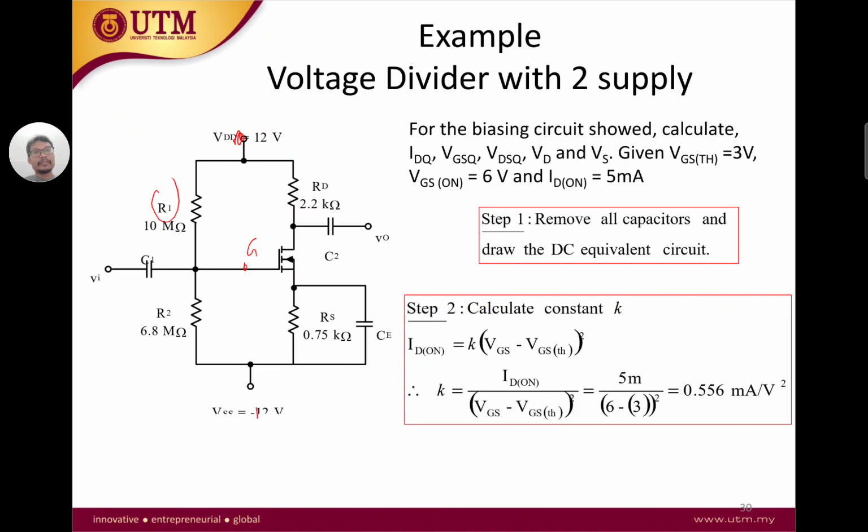But you have to be careful here. Here we have a VSS of minus 12 down below, and we have a plus 12 on the top, and here K is not given, but it's given the VGS-TH, VGS on, ID on, and from here we've seen in the previous video that we can calculate our K, which is simply equal to ID on divided by (VGS on minus VGS-TH) squared, and from there we have 0.556 milliamps over volts squared for K. And from the K here we can have our characteristic equation.